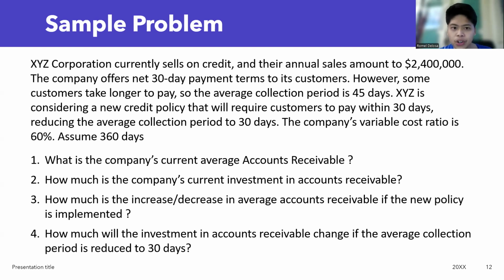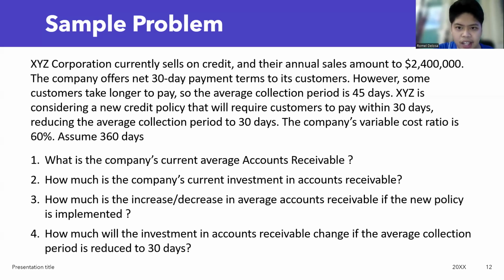So, to answer number one, dito na papasok yung diniscuss natin before na we can use the turnover ratios, or the age of AR, or the age of inventory, to compute for the ratios and to compute for the missing details. So dito, ang given is current average accounts receivable.